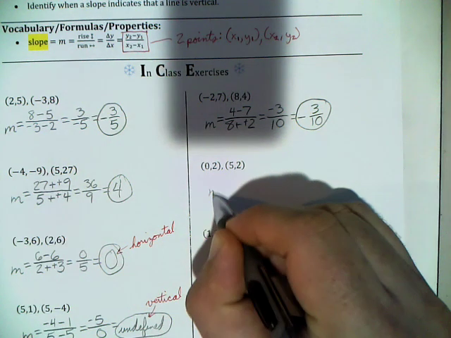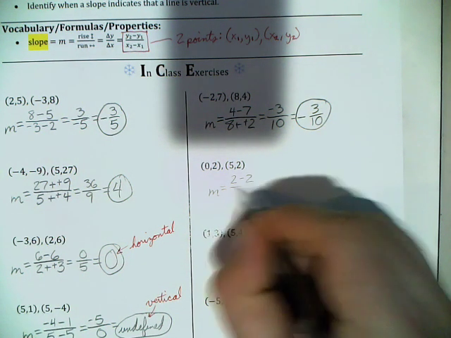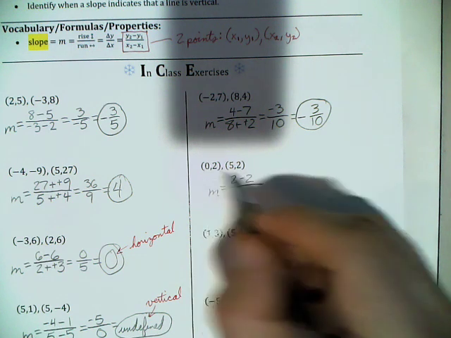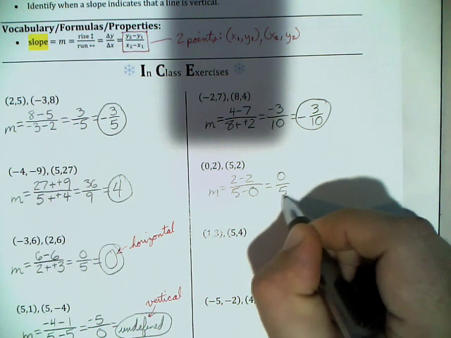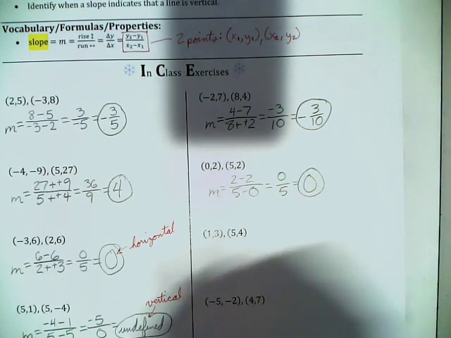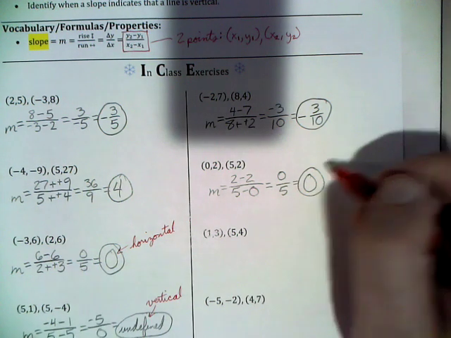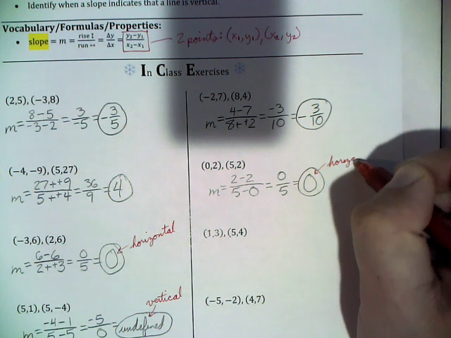Next up, m equals y sub 2 minus y sub 1, so 2 minus 2, over x sub 2 minus x sub 1, so 5 minus 0. Well, that's 0 over 5, which is just 0. So once again, we have a horizontal line.